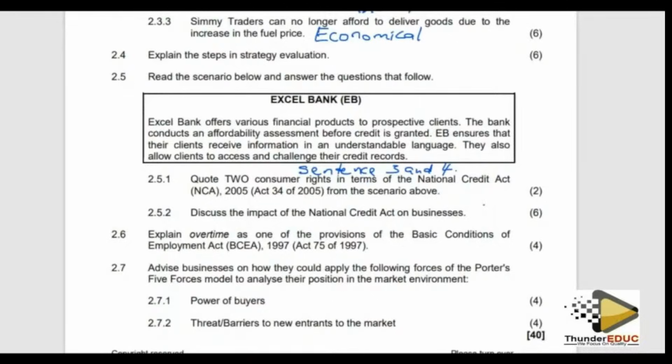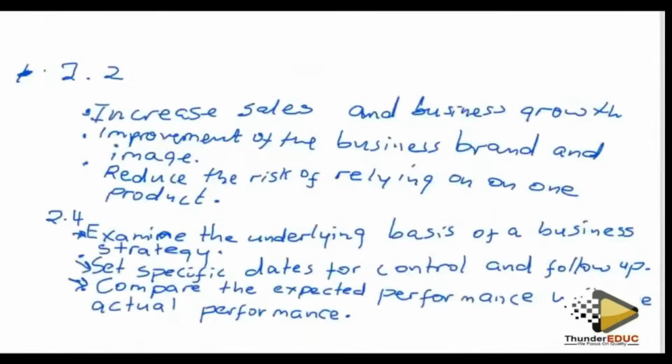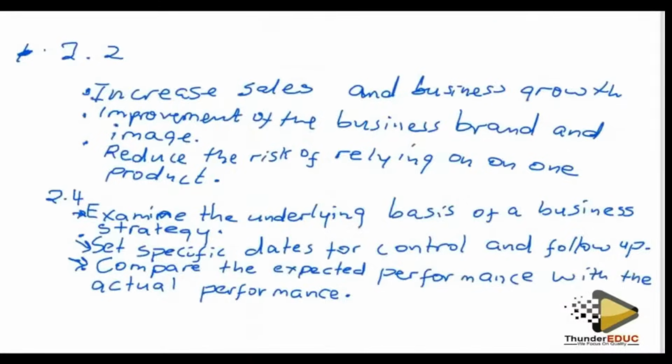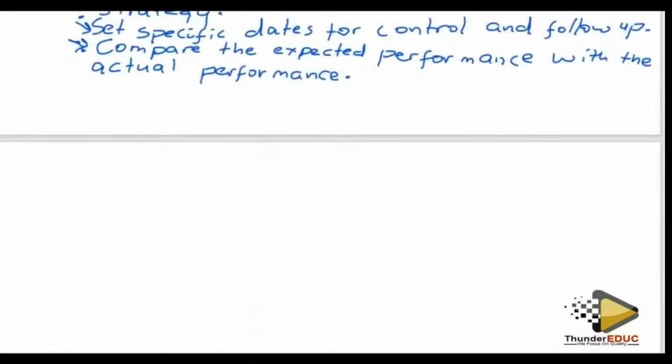So now we have 2.6. So 2.6, you're expected to have 3 points because of 6 marks.